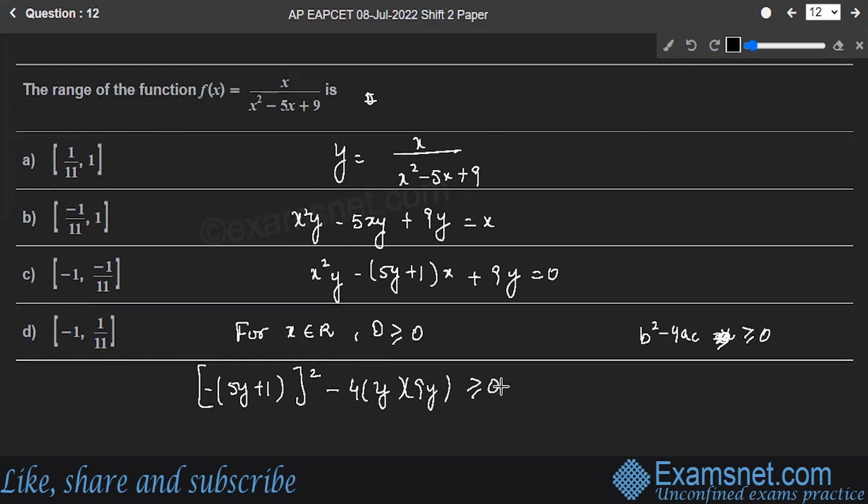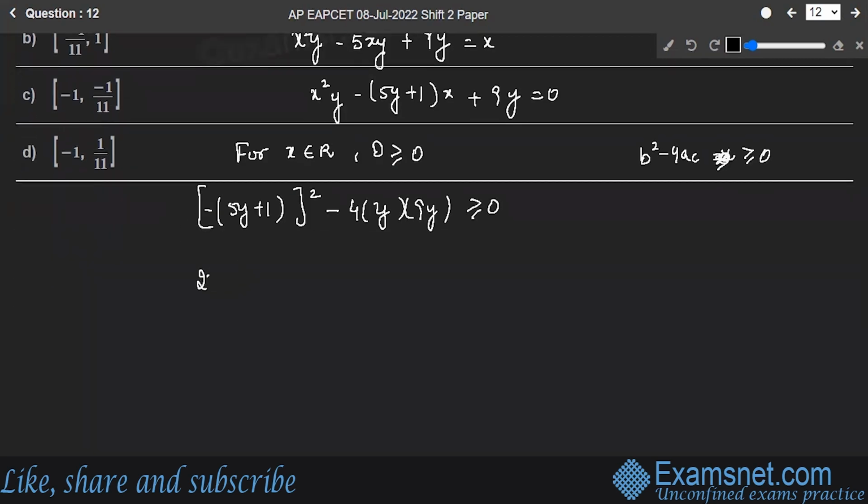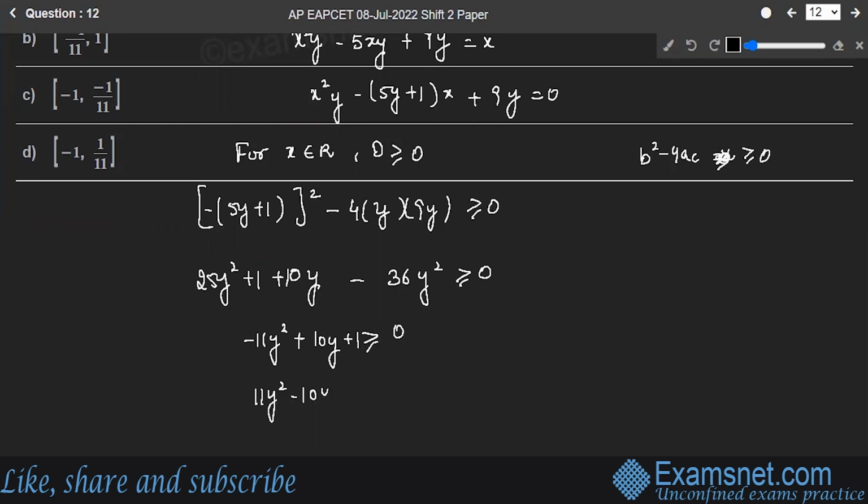This should be greater than or equal to 0, which will give you 25y square plus 10y plus 1 minus 36y square is greater than or equal to 0, so minus 11y square plus 10y plus 1 greater than or equal to 0. Okay, so let's do the splitting of the middle term. First, let's multiply both the sides with minus sign. You will have 11y squared minus 10y minus 1 is less than or equal to 0.